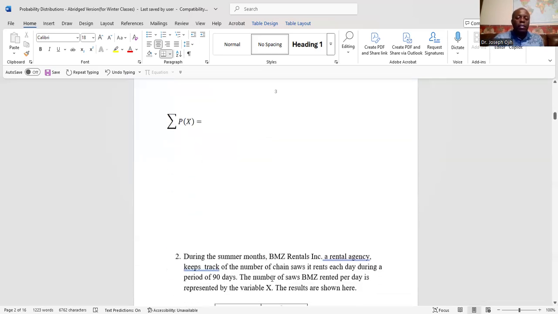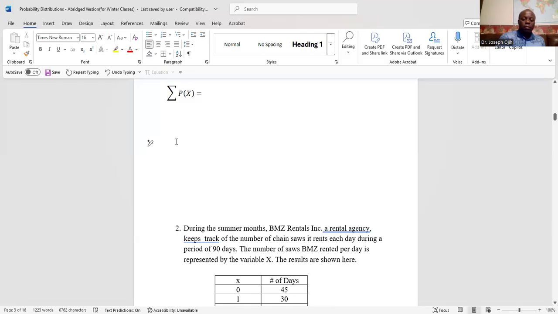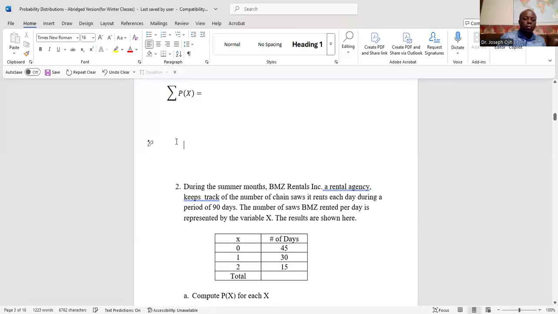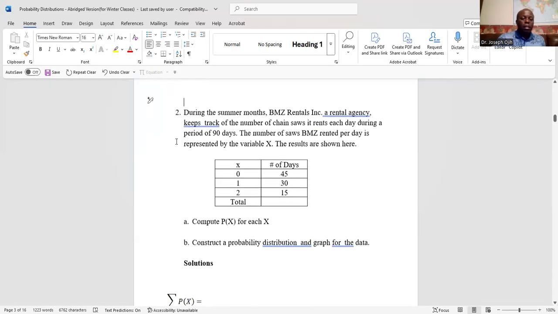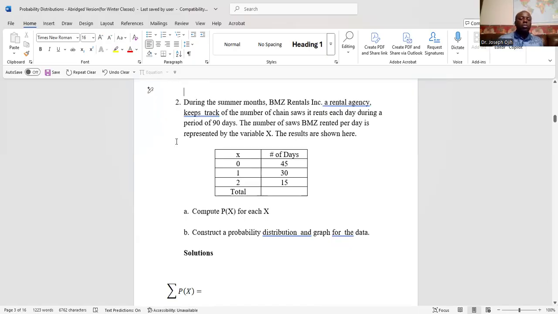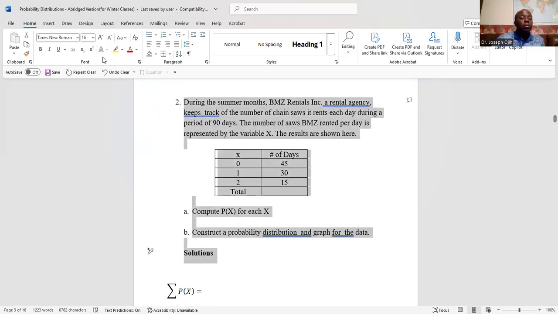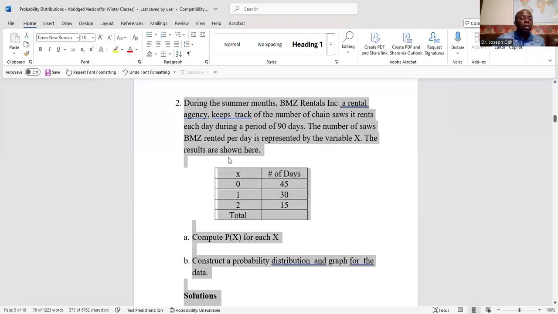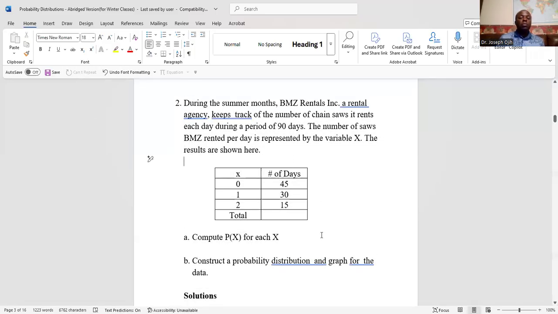Now, let's look at another example. It says that during the summer months, BMZ Rentals Incorporated, a rental agency, keeps track of the number of chainsaws it rents each day during a period of 90 days.